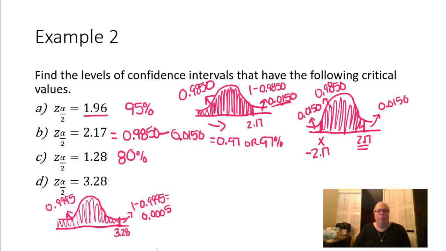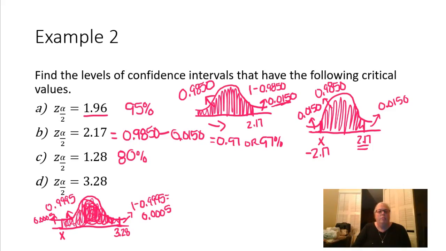Now remember, I'm trying to create symmetry here, and I've got open space, so I'm going to create some open space on this side over here. We're going to take off some of this. And there is a point right here, so that the area included here is 0.0005.